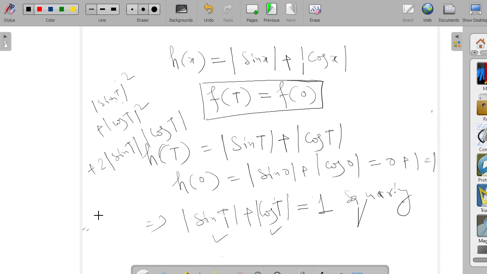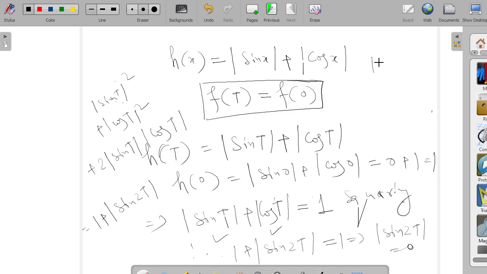So this gives us 1 plus mod sin 2t. Therefore 1 plus mod of sin 2t equals 1, which implies mod of sin 2t equals 0. Now, from the properties of the modulus function, mod of x equals 0 gives x equals 0.